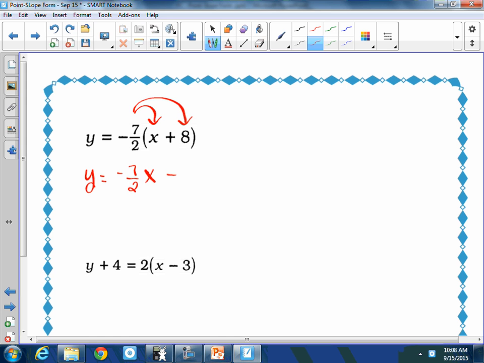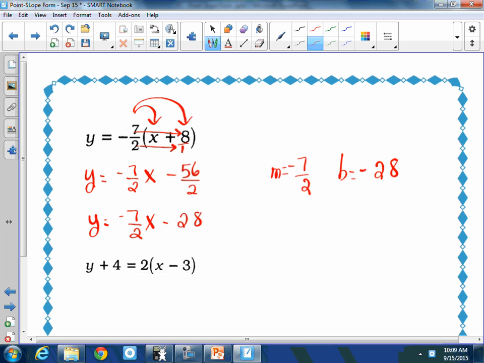That will be 56 divided by 2, right? Because that's over 1. And you do the numerator times numerator, denominator times denominator. Okay, now I'm going to go ahead and simplify that, because that can be simplified. So 56 divided by 2 would be 28. So what's the slope of this line? -7/2. And what's the y-intercept? -28.